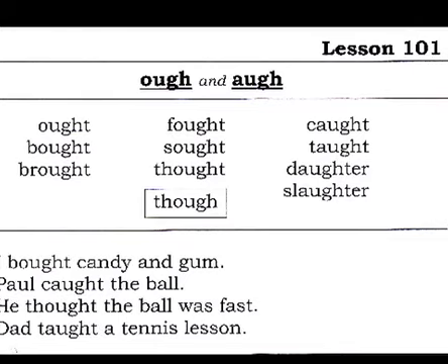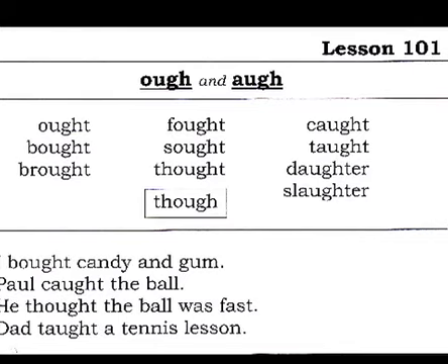Now, some of those words that have that pronunciation are spelled with A-U-G-H-T, as in daughter, or taught. I was taught a golf lesson, T-A-U-G-H-T. The word T-H-O-U-G-H, though, is pronounced though.